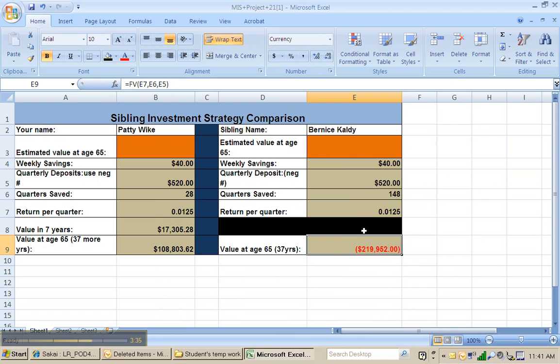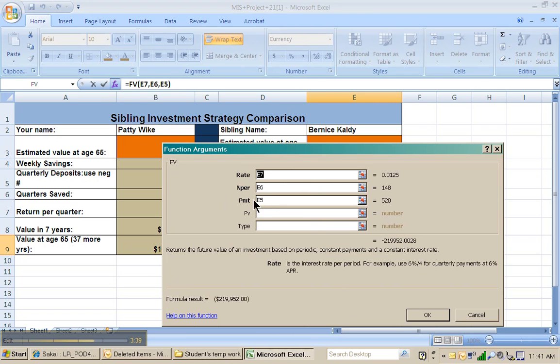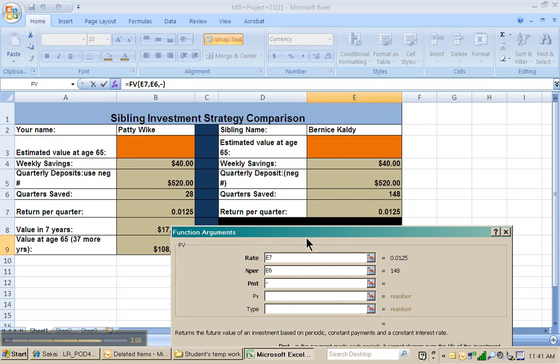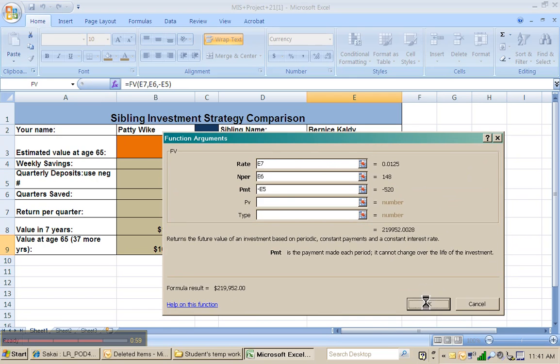And I forgot something over here, so let me go here and look at it again. And I did minus 19,000. Oh, I know why. $520. Let's make that minus, just so I can get a positive number.